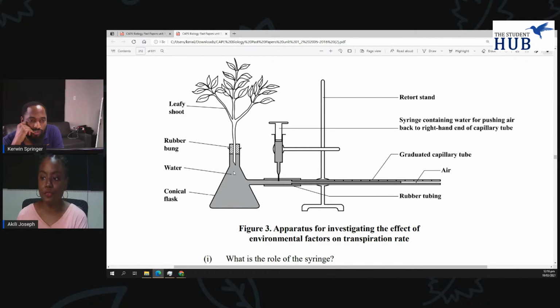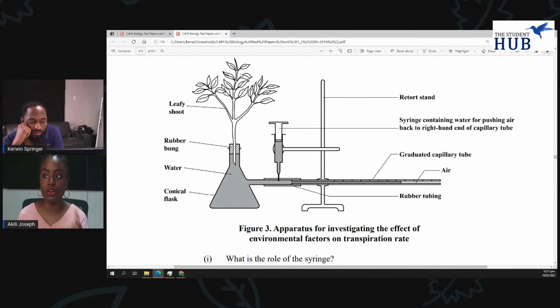So just a brief overview, you know that this is a conical flask, this is filled with water, you have your piece of branch of a particular plant. Here, this is a rubber bung, this is completely sealed, and you should really have no air in this system, right? And normally water will be lost through stomata. Transpiration is the loss of water through the stomata in your leaves, right?